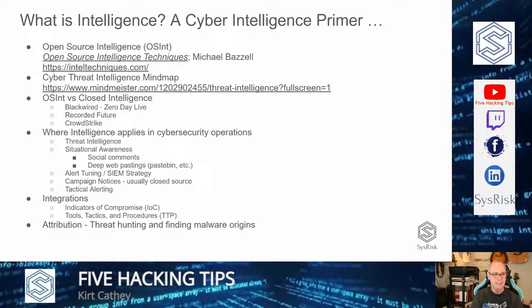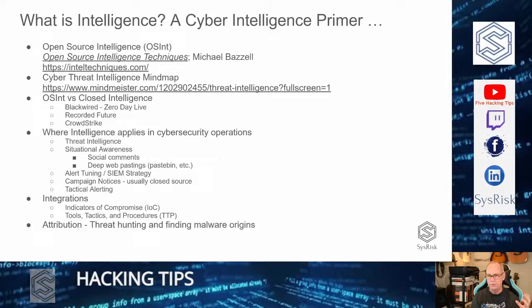So that's TTP. And then the other thing is turning it around, going back towards looking at it from a perspective of threat hunting. So you know what these hashes are, and you can take this, for example, with 0 Day Live, you can take these hashes and run them in your environment and actually become a very effective threat hunter if your particular industry or your company is a target.